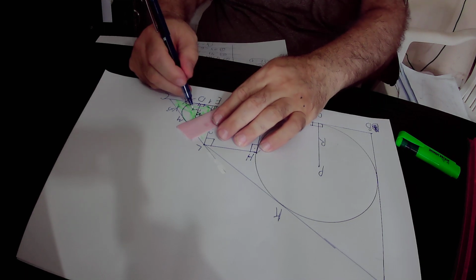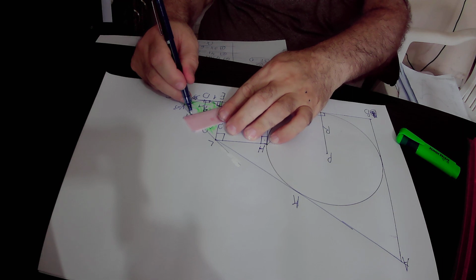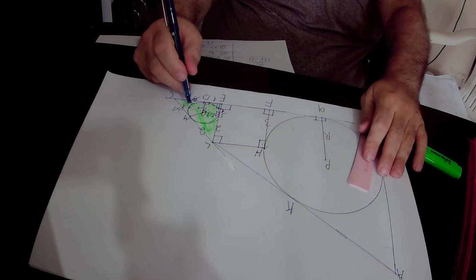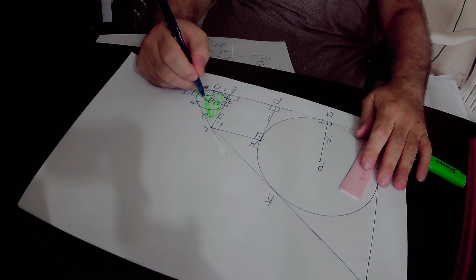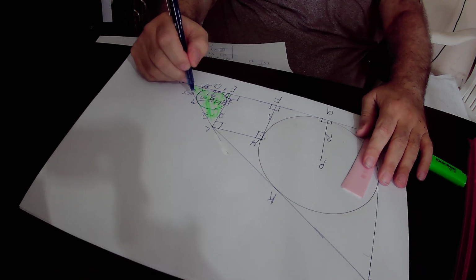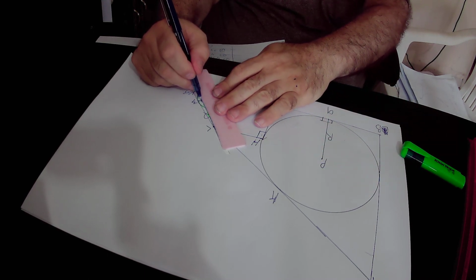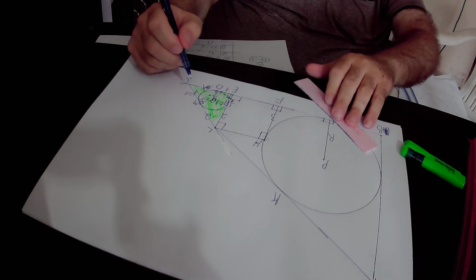Here point O is the center of the circle, point M is a point on the circle itself, therefore OM is the radius of the small circle that is equal to R. We have the radius OM that is perpendicular to the tangent, therefore this angle equals 90 degrees, and this angle will also be equal to 90 degrees according to rule number 1.